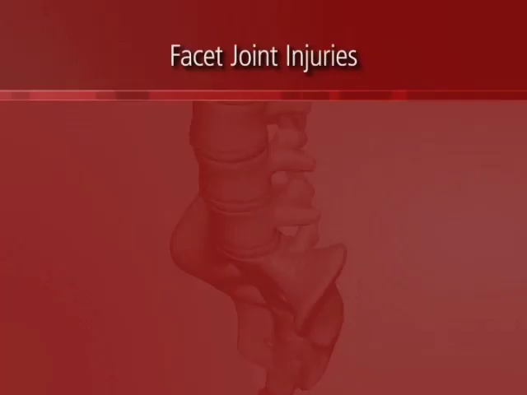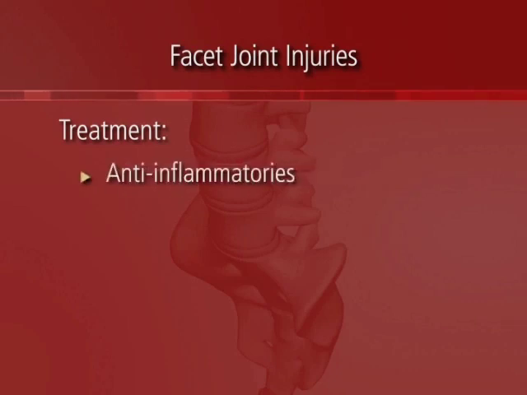Treatment options for facet pain can include anti-inflammatory medications, such as non-steroidal anti-inflammatory medications. Occasionally we do use steroids, either taken by mouth, or we can actually do injections into these little facet joints.